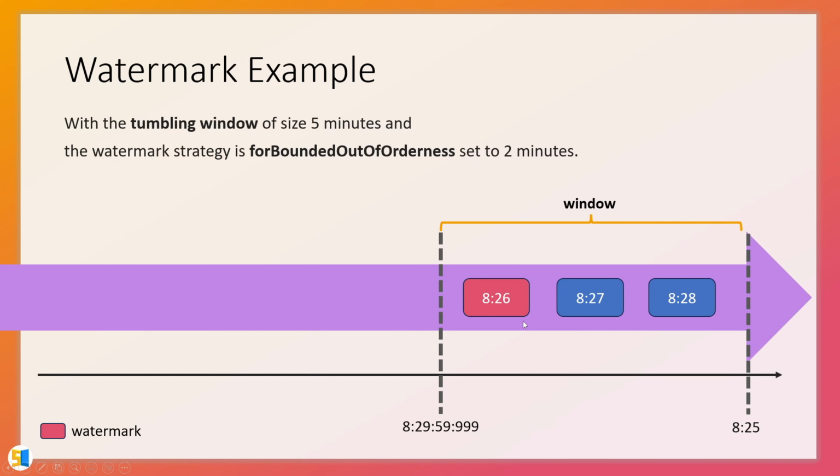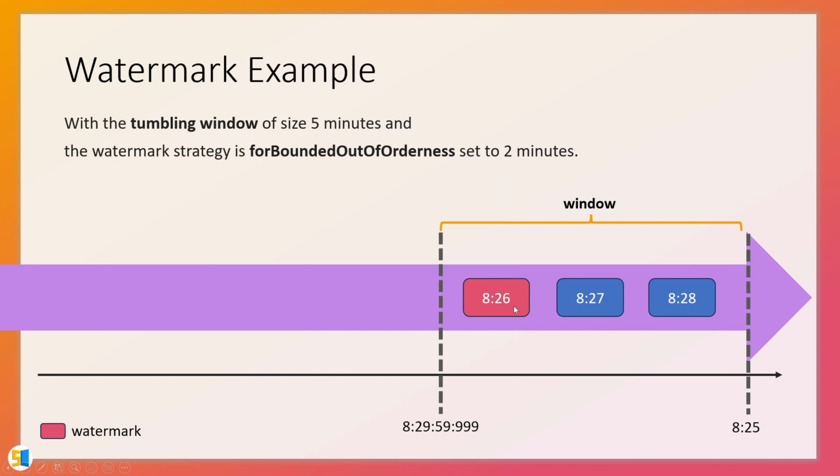It takes the maximum event time previously observed in the system, which is 8:28, and subtracts the bounded out-of-orderness we set, which is 2 minutes. So the timestamp of this watermark will be 8:26.